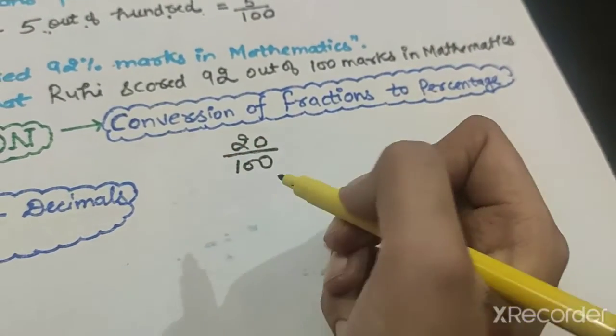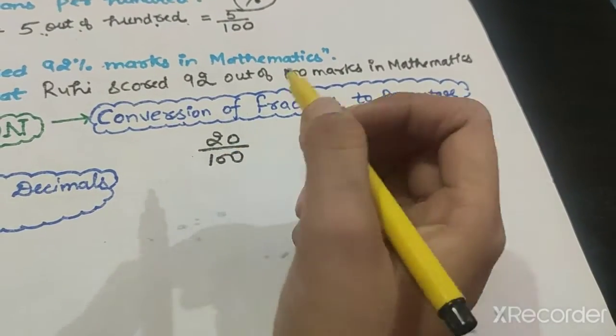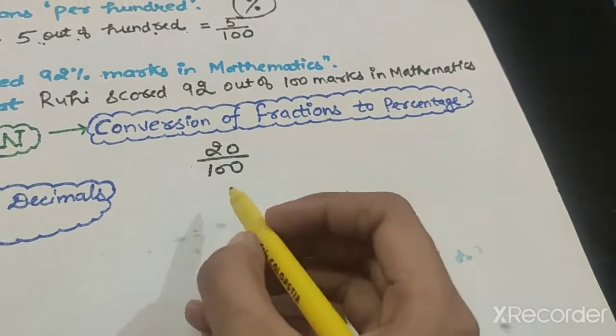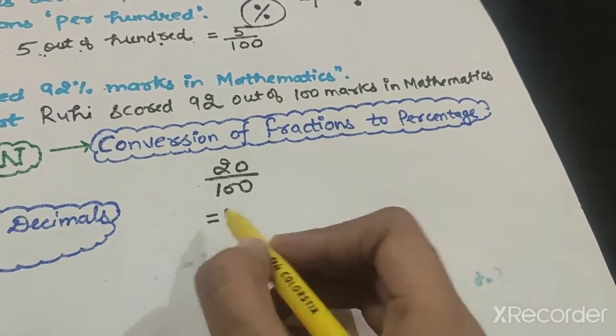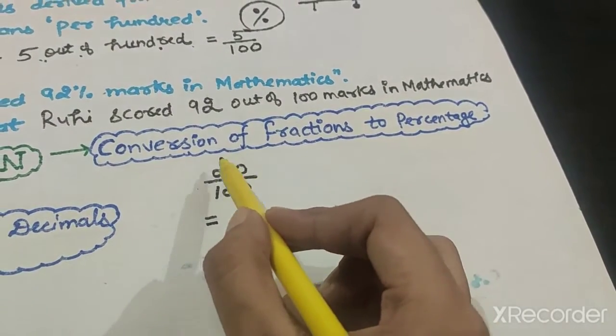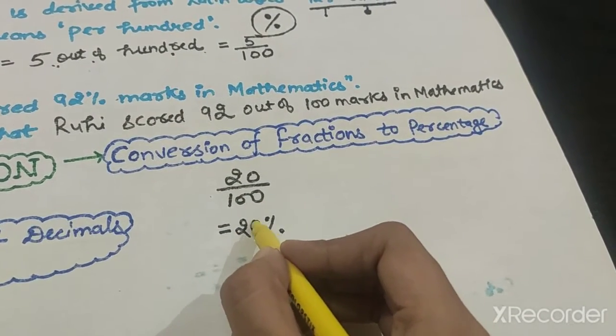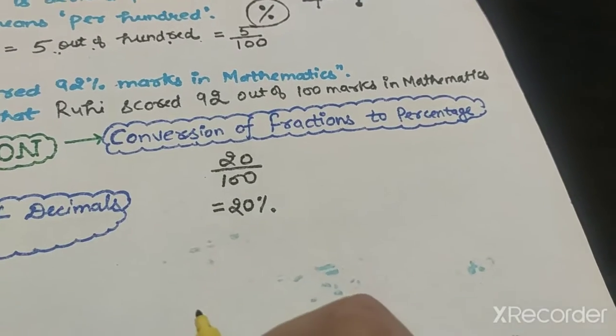This fraction has 100 as the denominator. It can be expressed as a percentage by just putting the percentage sign with the numerator. What is the numerator? 20. So 20 by 100 can be represented as 20%.